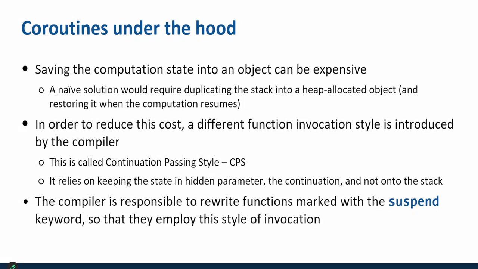So you may think, okay, let's just pack all this data into some heap-allocated object and then push on the stack the return address of the code to execute at resume time. But of course, this will create a lot of overhead in our code.